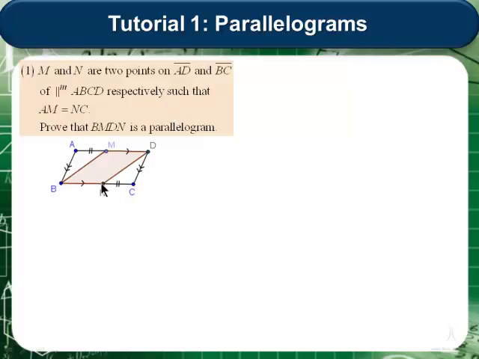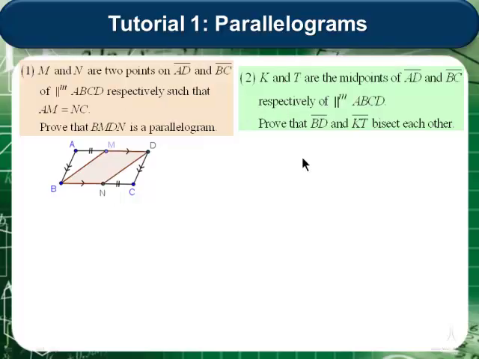Now M and N are 2 points such that AM must be equal to NC. Now the request is to prove that this shaded quadrilateral here, BMDN, is a parallelogram.